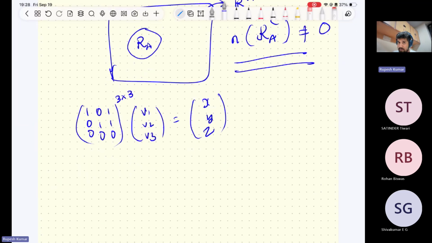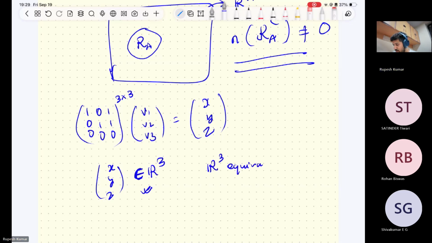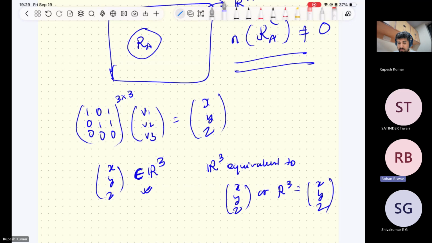Now one would think that x, y, z belongs to the entire R3. But my question is, is this true? Is R3 equivalent to the set of x, y, z? No, because the third component cannot be generated.